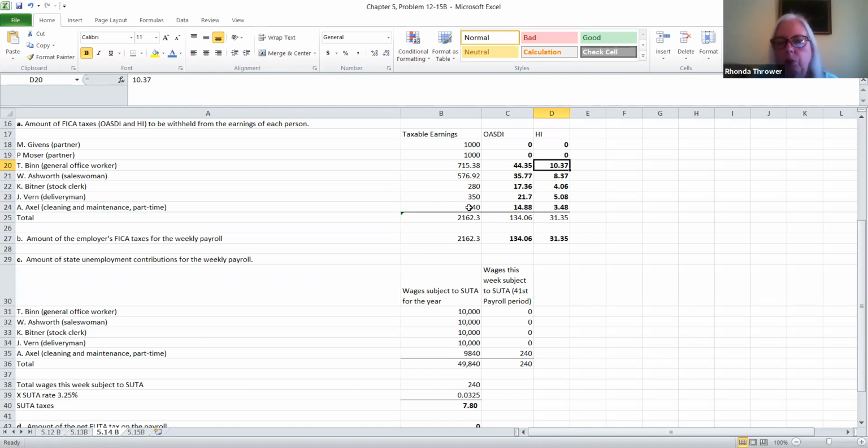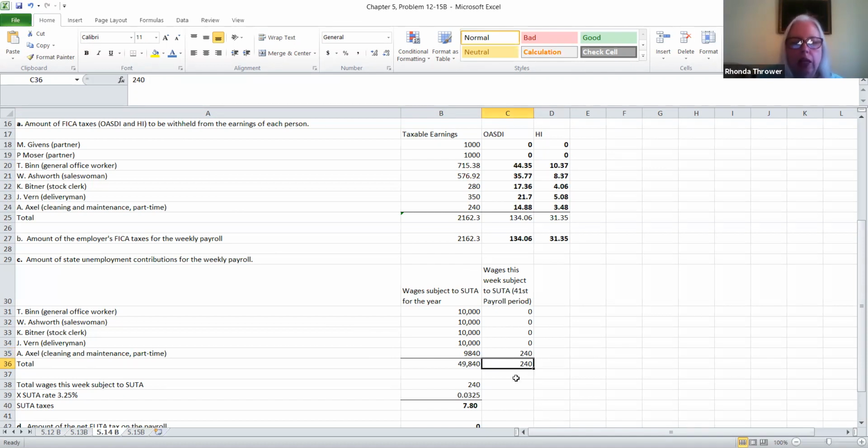In other words, if you multiplied $240 times 41 pay periods, it will give you $9,840. So his entire pay for the 41st pay period is subject to the SUTA taxes.